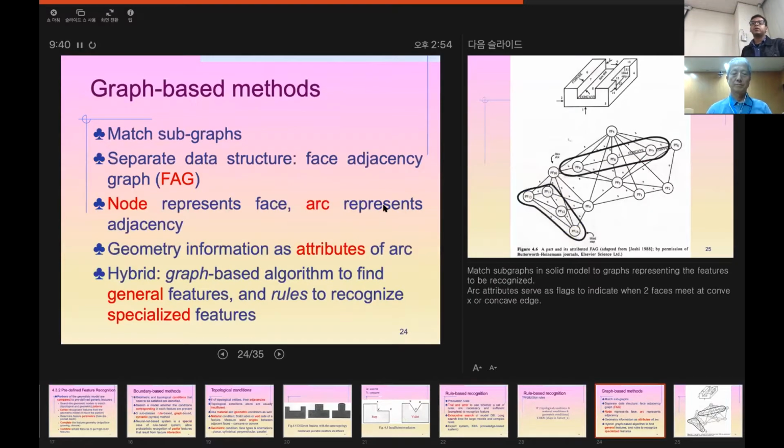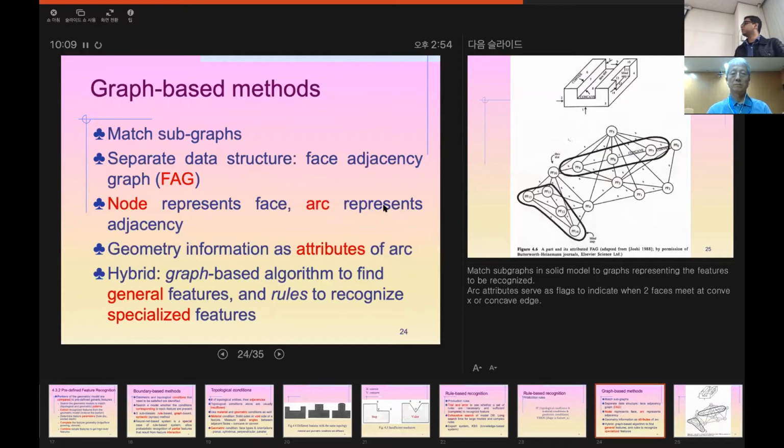The second type of boundary-based method is the graph-based method. What this does is it matches the subgraphs in a solid model to graphs representing the features to be recognized. And it makes a separate data structure, which is called the face adjacency graph, FAG. In here, the node represents a face, and an arc represents the adjacency. Furthermore, geometry information, such as attributes of the arc, are also utilized.